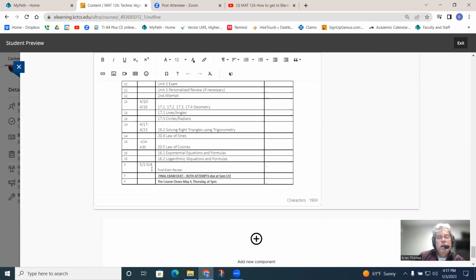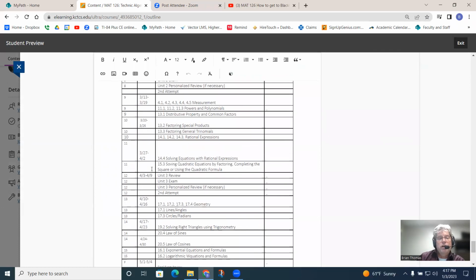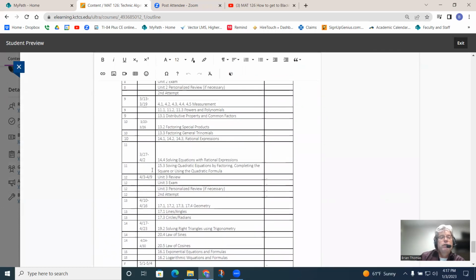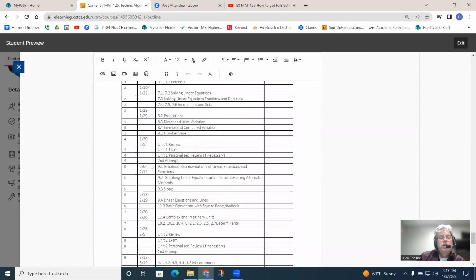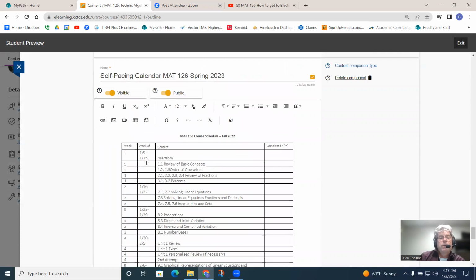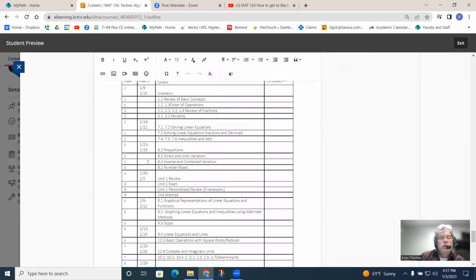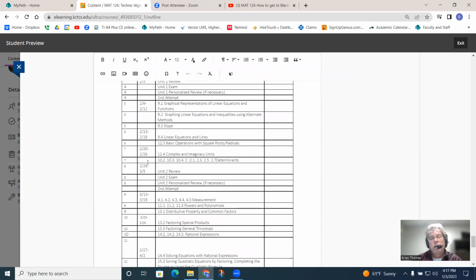Remember, this is an online class, so you can finish earlier if you desire, but you cannot finish later. So you can move faster. But if you stay with this self-pacing calendar from week to week, it'll keep you on pace to pass the class without being overwhelmed by the amount of work.